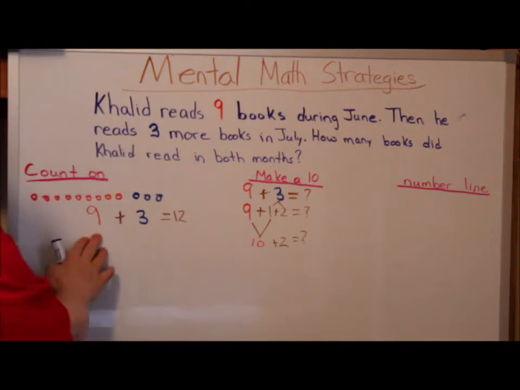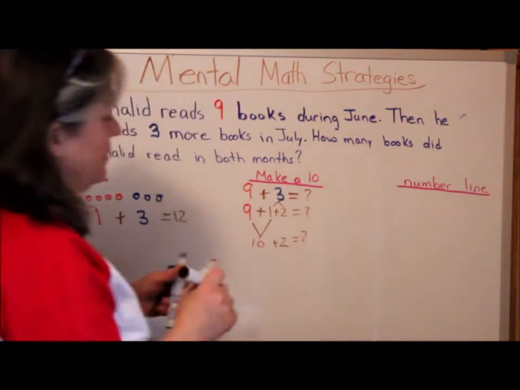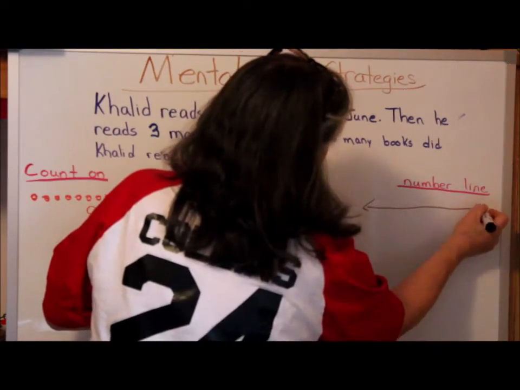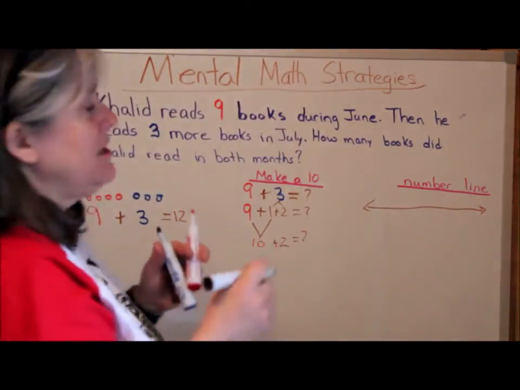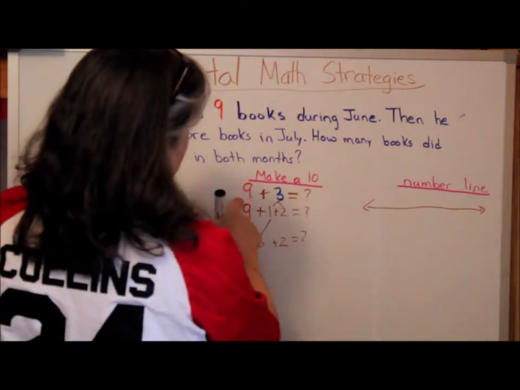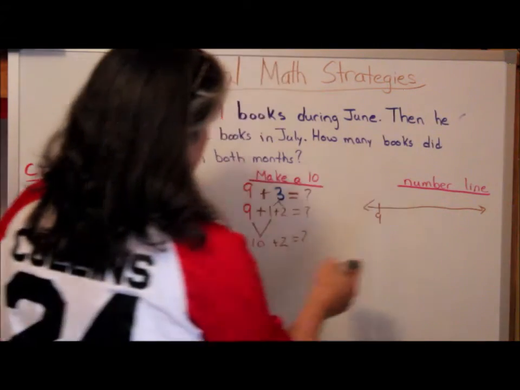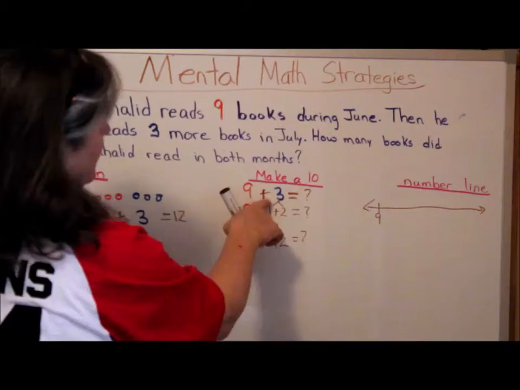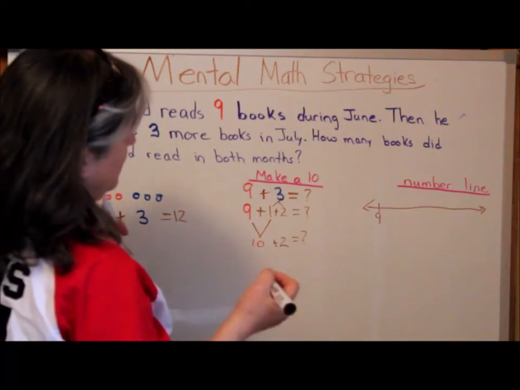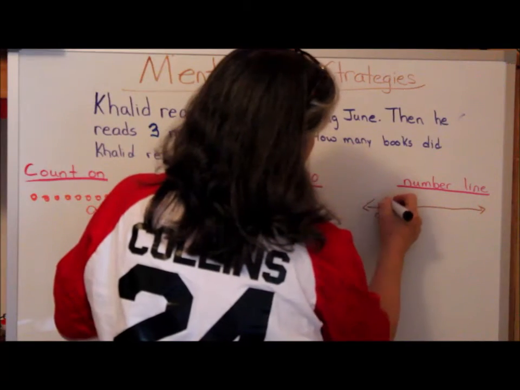So one is to count on, one is to make a 10, and then we could draw our number line. So we're going to draw our number line like this. And I think instead of drawing all of them, I'm going to use that open number line where we just start with our first number. So I'm going to start at 9. And I know I need to add 3. So I could do a couple things. I could add 1 and make a 10, so I could do this.